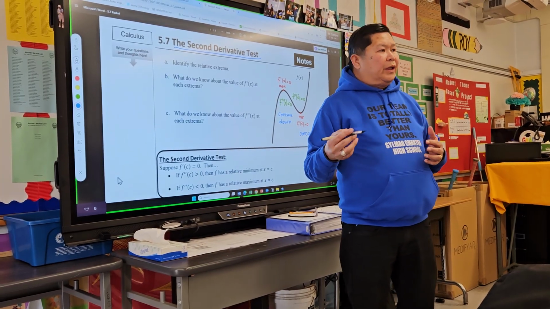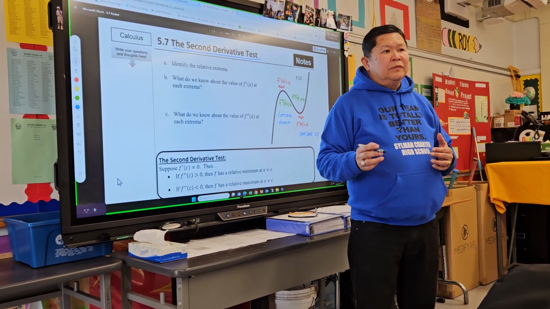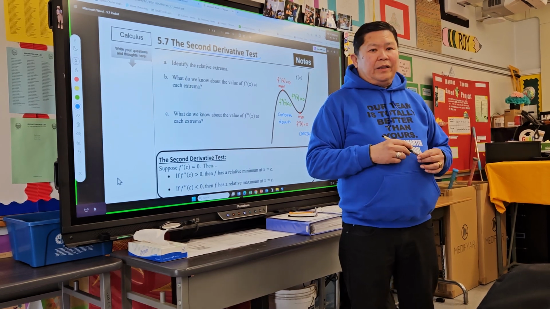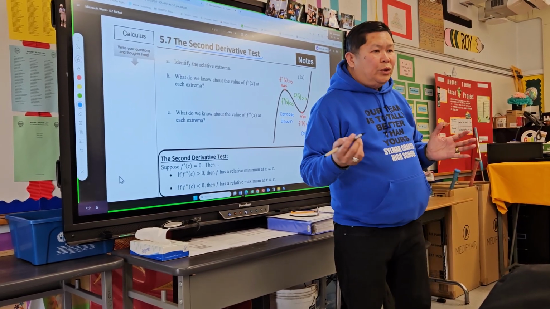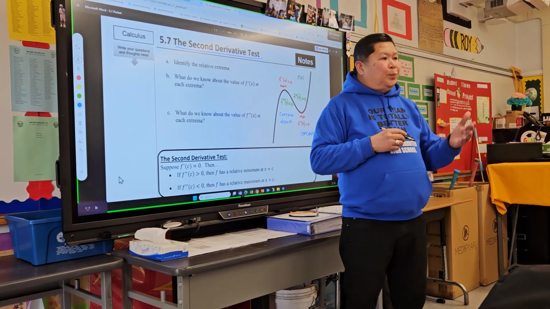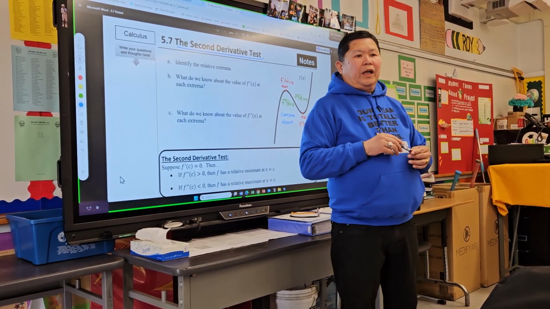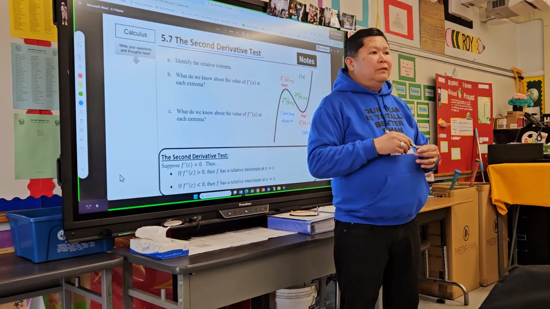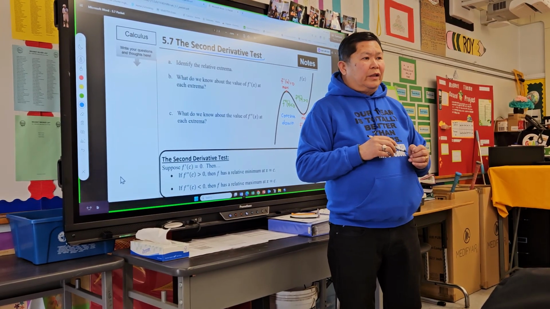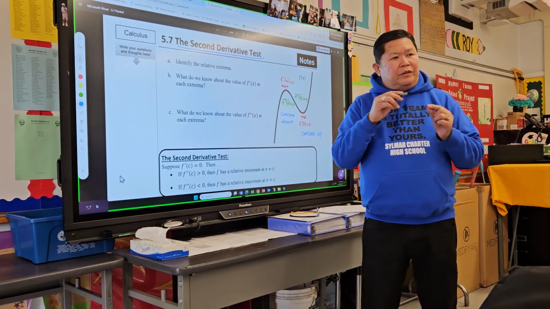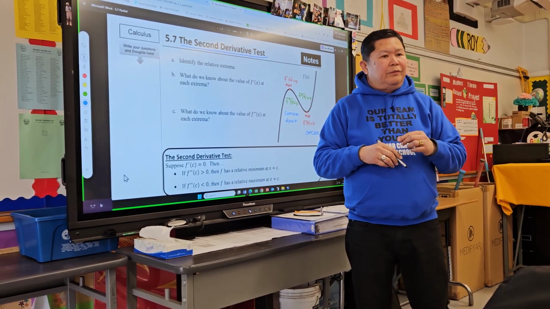After taking the critical points, what to do next? Find the second derivative. And after taking the second derivative, what to do now? Plug in the critical points, and then we can see whether it is greater than 0 or less than 0. Okay. So we can say relative min or relative max.